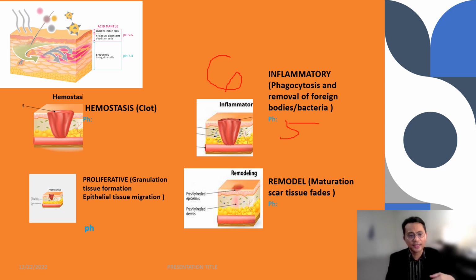And there's a production of new collagen. And also, some of these fibroblasts differentiate into what we call myofibroblasts that are responsible for the wound contraction. These together increase the wound fluid pH to 7. So the pH now will become more on the neutral side.